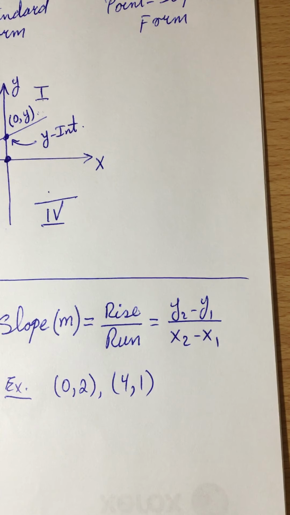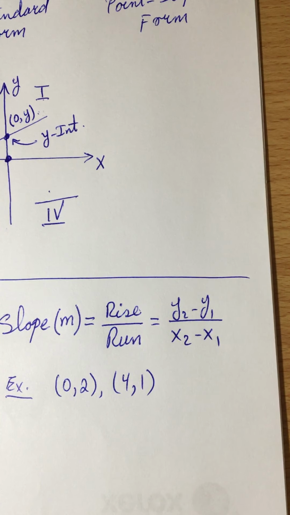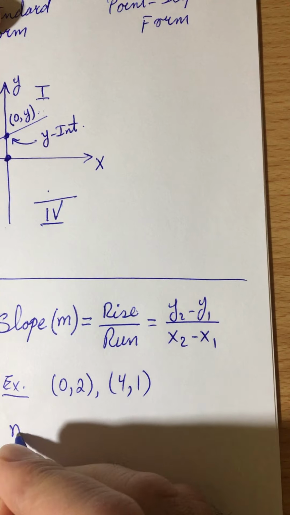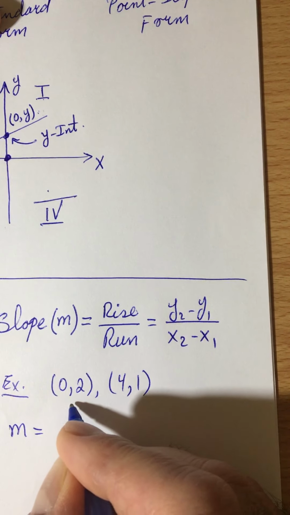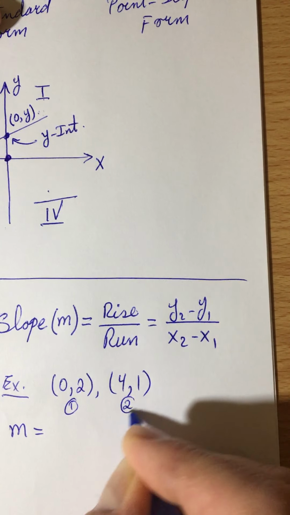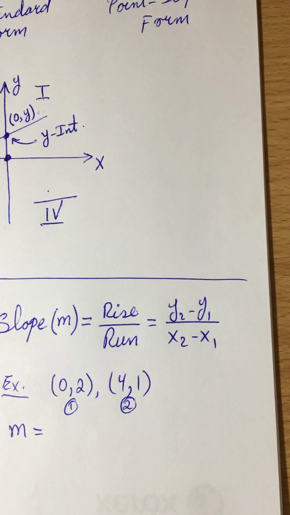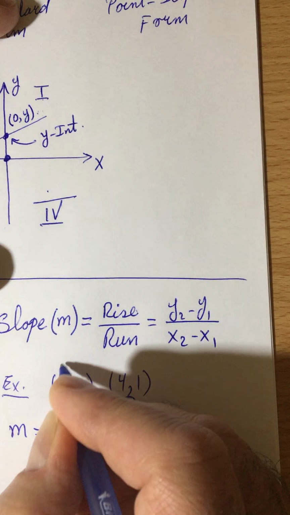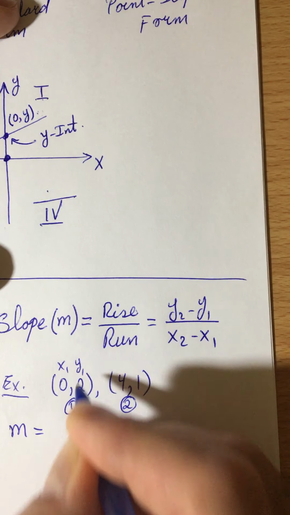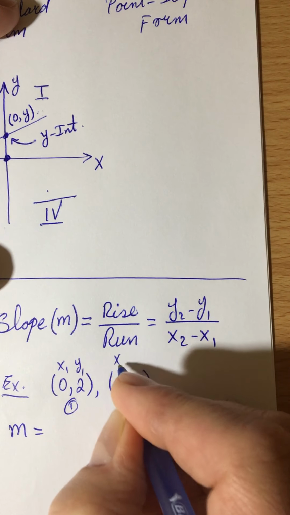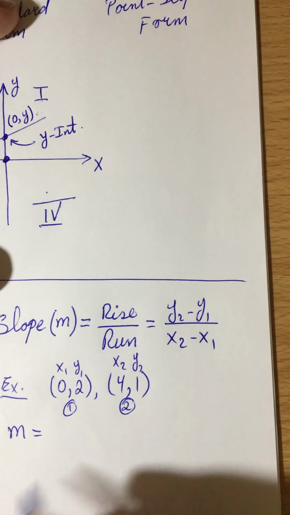And I say both of these points are on the same line. Calculate the slope. So how do I calculate the slope? Let's call this point 1, and this point 2. Or the other way around. It doesn't make any difference because both points are on the same line. This is the x value and this is the y value of point 1. This is the x value and this is the y value of point 2.